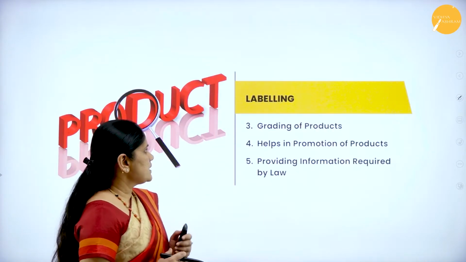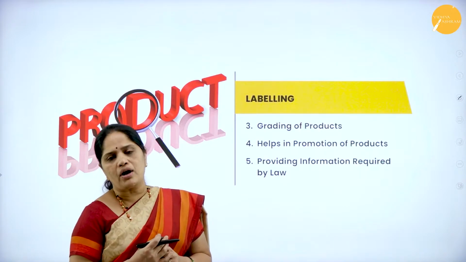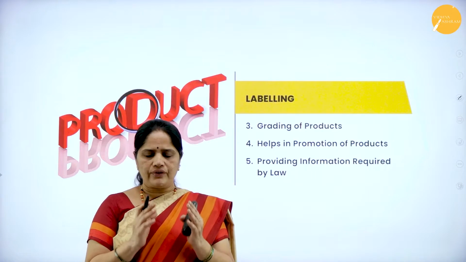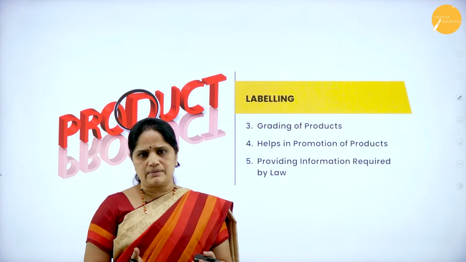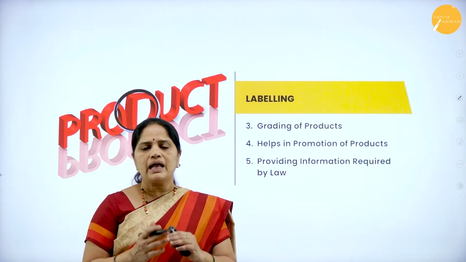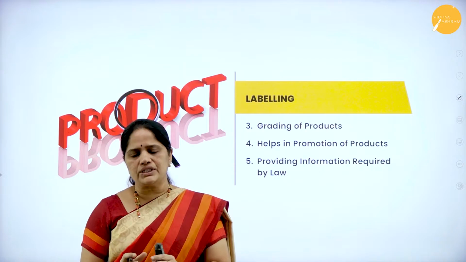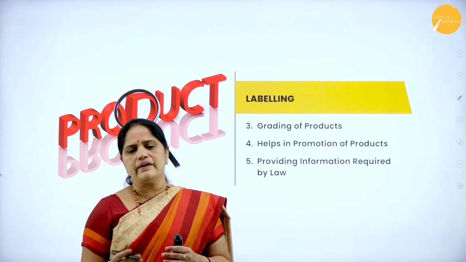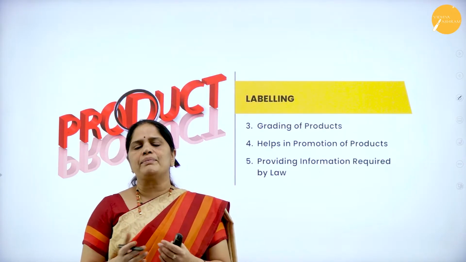Then, next is grading of products. We should understand that there are certain products which are for a specific use. For example, we have the Horlicks brand, a health drink. This Horlicks has been graded for different ages, like Horlicks for women, Horlicks for children, and for various flavors like chocolate Horlicks and Badam Horlicks.